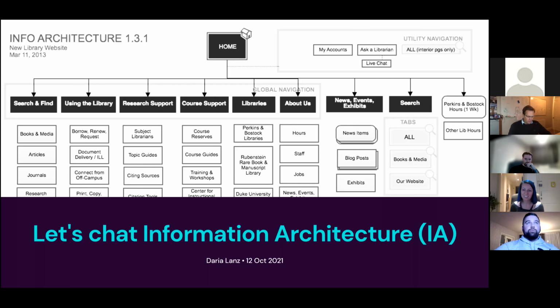Don't be scared, everyone. Everyone chip in. My understanding of it is it's really good for websites. So if you wanted to understand the menu navigation, you would do information architecture. You could do exercises to figure out what categories would go where and the most logical way people would search for something.